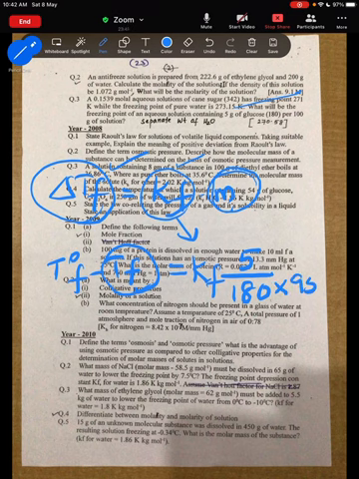Solvent is 95 gram, 95 upon 1000. So this Kf you know, rest everything is here. T naught F is 0 degrees Celsius, which means 273 Kelvin. So you can find out TF.